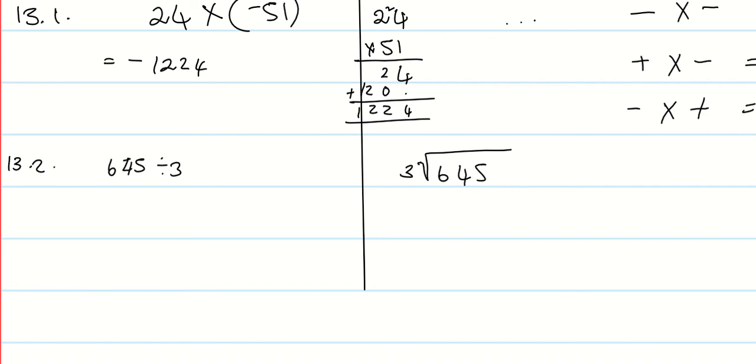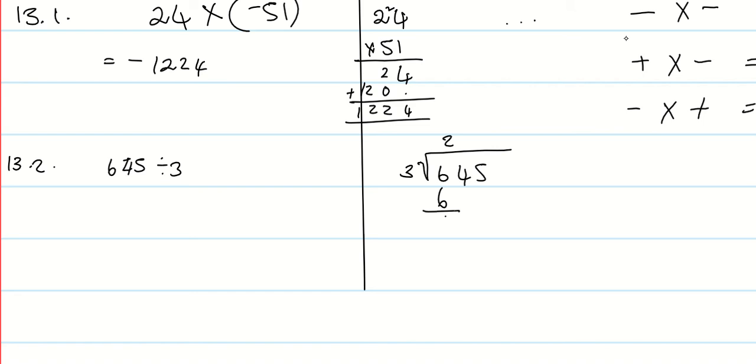How many times can 3 go into 6? 2 times. 2 times 3 is equal to 6. The remainder is 0, so I don't write anything. I take the 4, and now how many times can 3 go into 4?